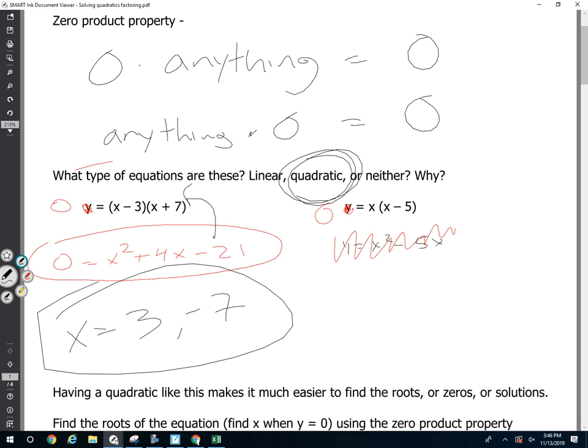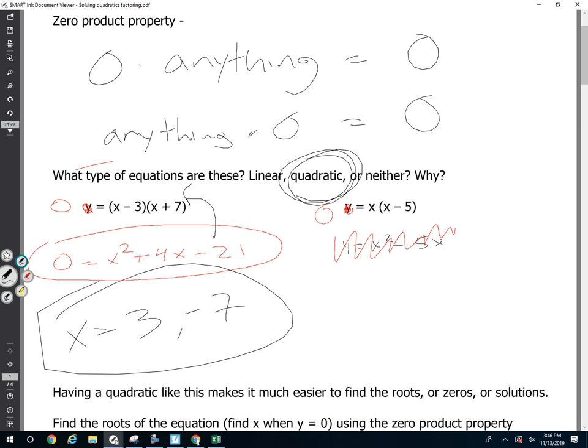Let's double check. 3 squared is 9, plus 4 times 3 is 12. What's 9 plus 12? 21. 21 minus 21 is 0. Okay, let's try negative 7.